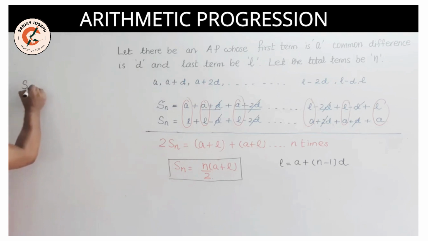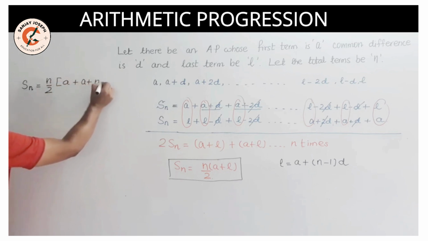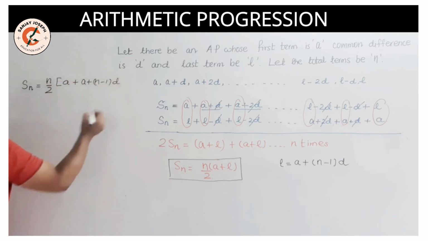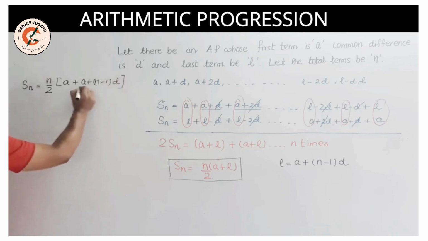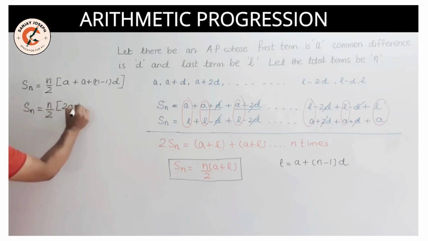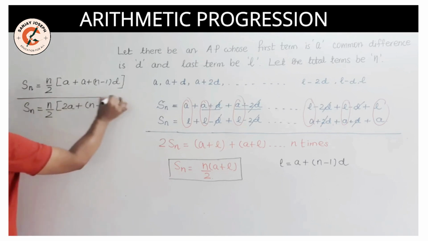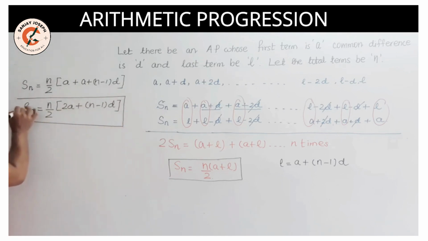So what will happen? Sn is equal to n by 2 into A, and instead of L I write A plus n minus 1 into D. So here there was L, I put A plus n minus 1 into D instead of L, so the formula quickly changed to n by 2 into 2A plus n minus 1 into D. So this is the main formula, and this is the second formula.